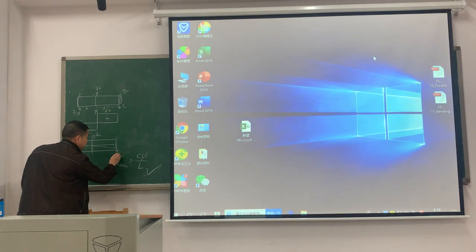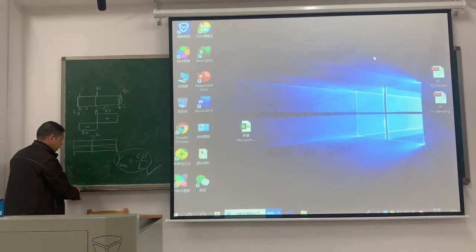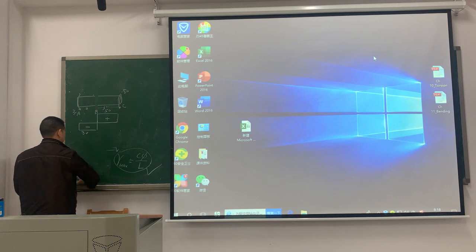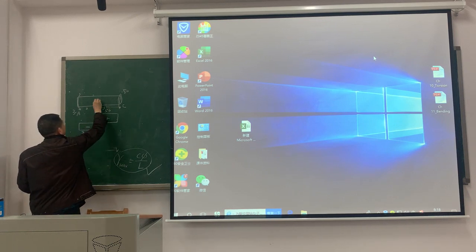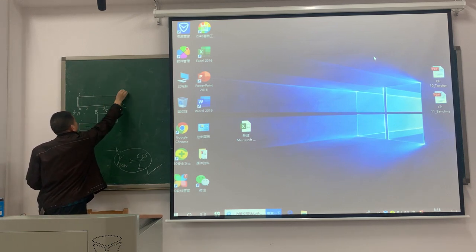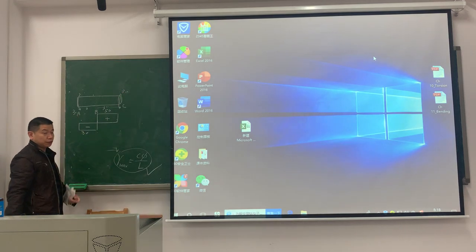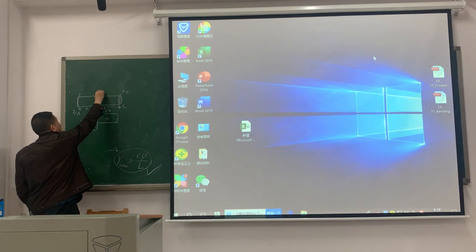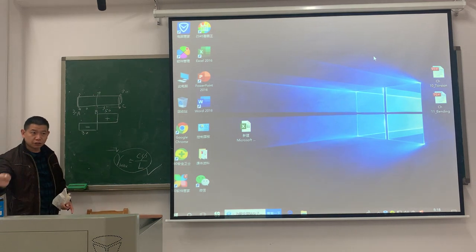So this formula can only be used if there is no other atom. Understand that? If there is another node, the formula is not right.